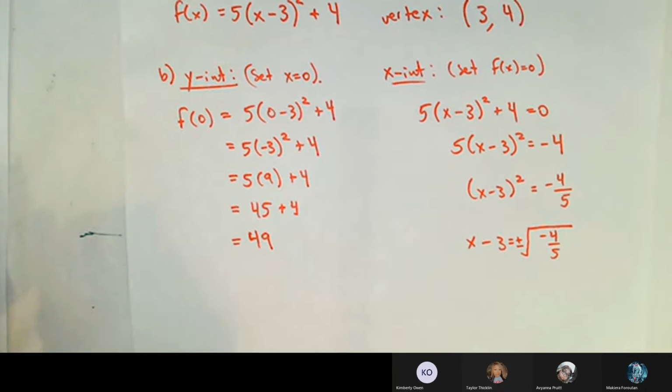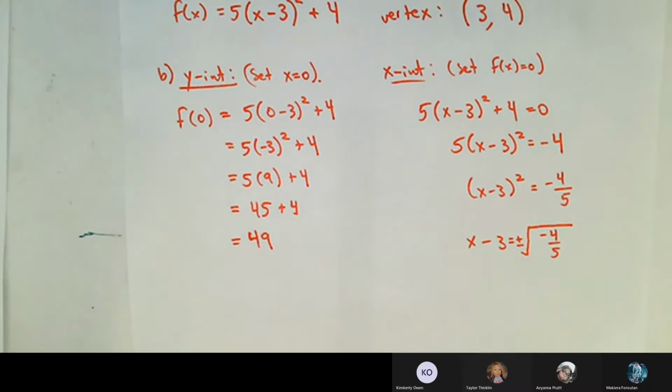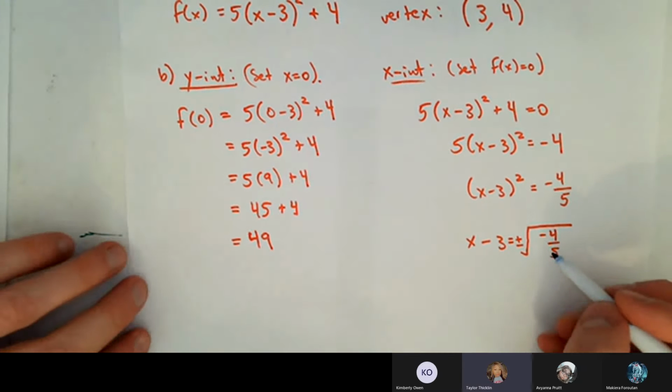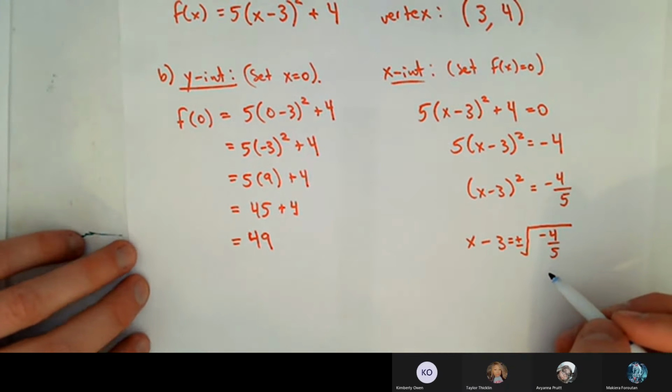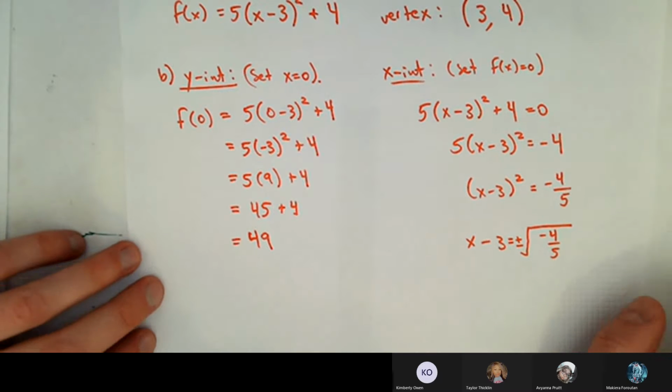But this is a problem. Taylor, do you remember why this is a problem? Like why we can't actually go any further? It's something to do with the square root. No. Because there's a negative under the square root, we have now fallen outside of the real number system.